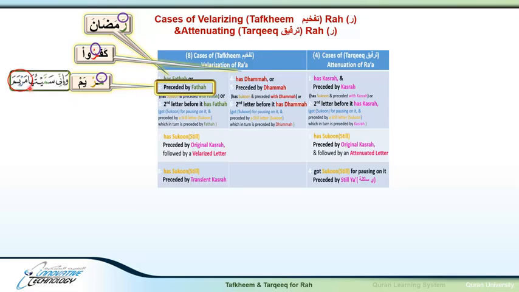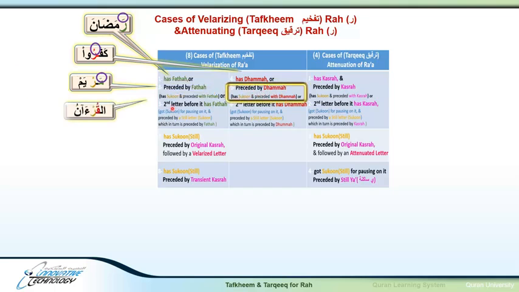Maryam, we don't say it attenuated, we say it velarized. And the same thing with the Dhamma, where the Ra itself doesn't have the Dhamma, but the letter before it, the Qaf here in Quran, has the Dhamma. القرآن لأنذركم به. Qur'an has a Tafkheem.